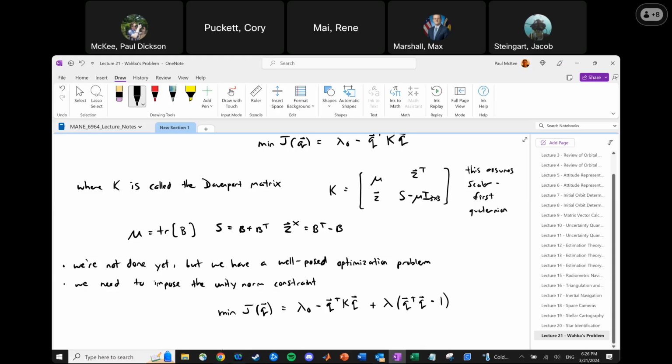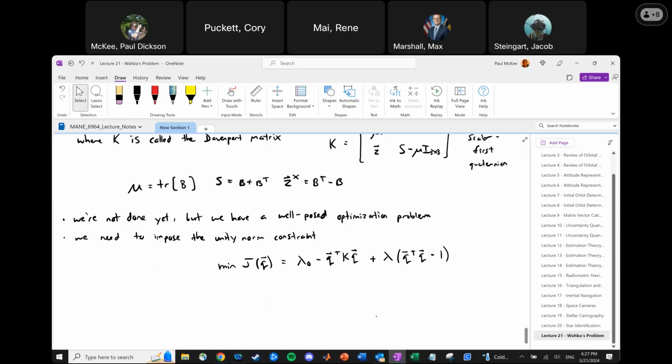So in any sane world, Q transpose Q minus 1 should be 0, and this term should go away. If we are leaving the realm of sanity and we're getting a non-unit quaternion, this term is going to appear, and then it is going to be punished because ultimately we're trying to minimize this function. So this ought to be 0. Any deviation is going to make it a positive value. Okay, then we apply the first differential condition.